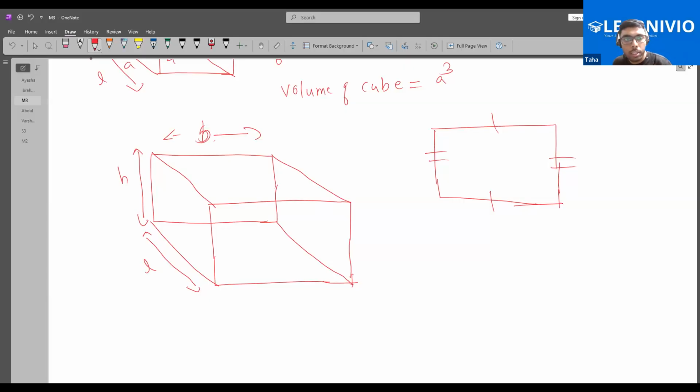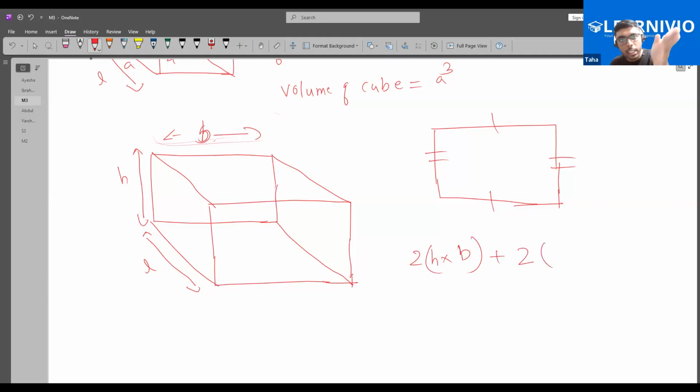If we are going to calculate the area of these two rectangles, it is going to be 2 times, can you see that it's h into b? Is this visible that the front and back rectangular area is going to be calculated by 2 into h into b, meaning there are two rectangles, that is why we are multiplying by 2 here, with this length and this height. Okay, let me write it down, then you can see.